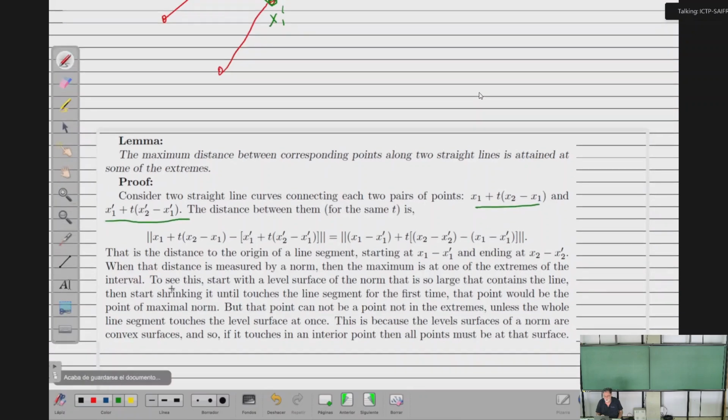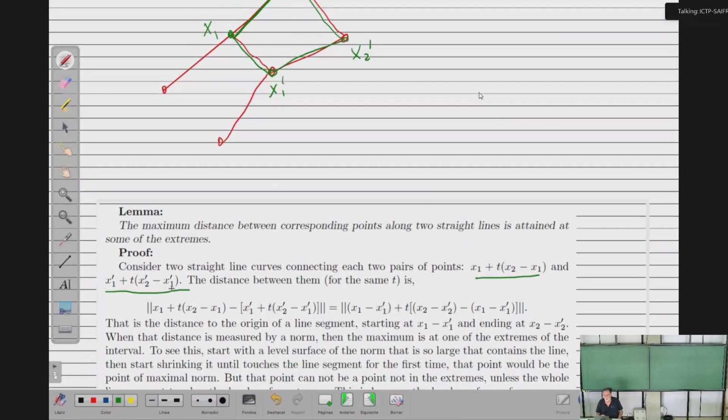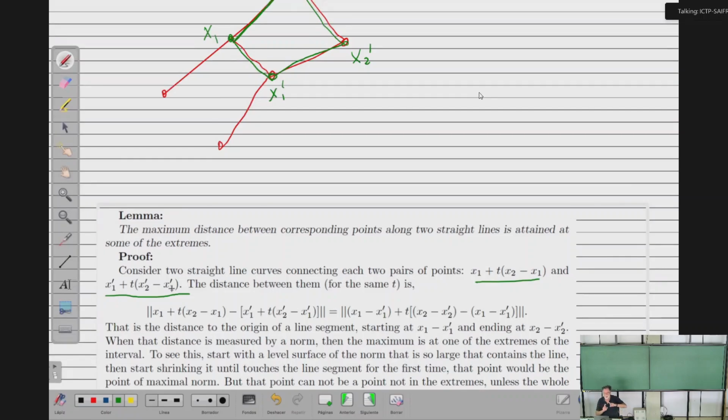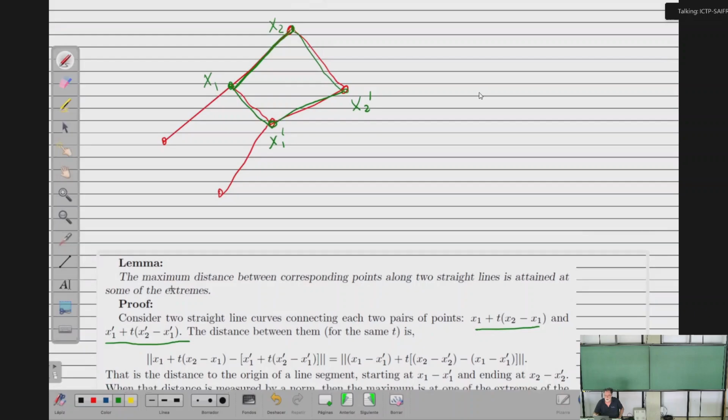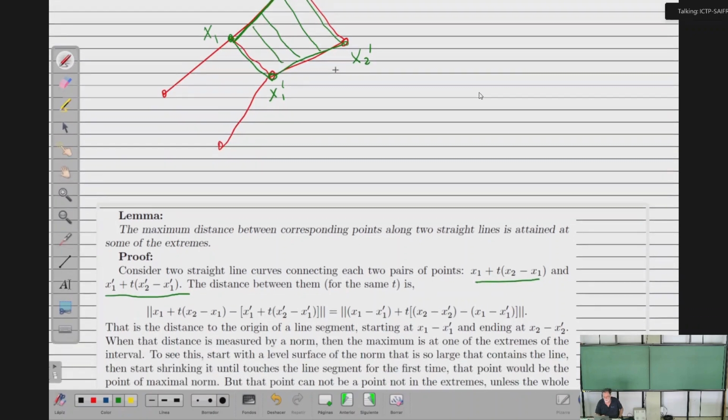So now we look at the distance between them for the same t, right? We look at the same t. So we move here. We are looking at distances here with the same t. Not arbitrary distance, but at the same t. That's what we need in the proof.